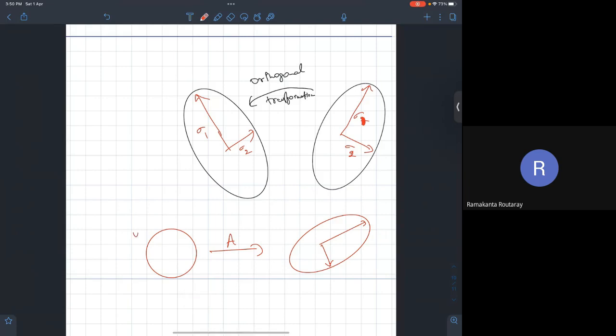Yes, this is the unit circle. Take some x and apply A, and then you'll end up with an ellipse with some length sigma 1. Got it. So what does a matrix A do to vectors from the unit circle?